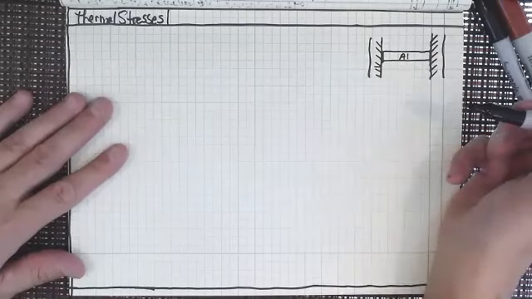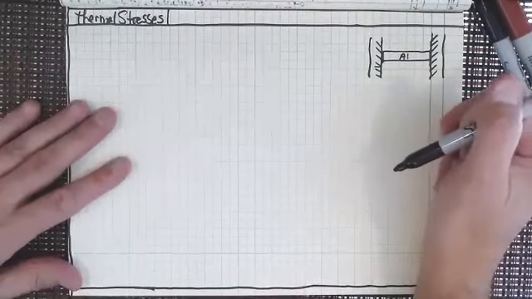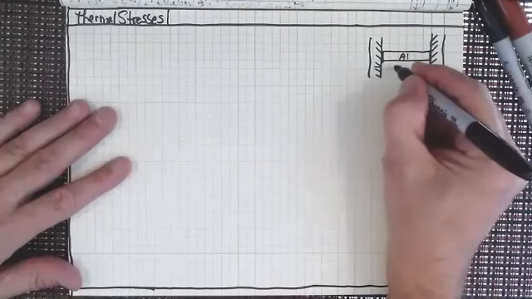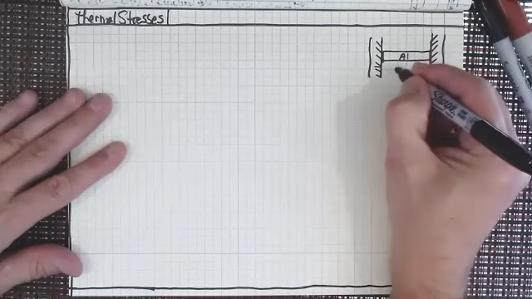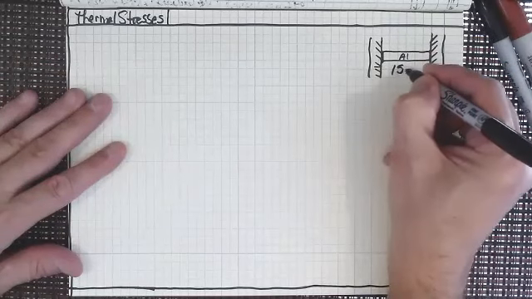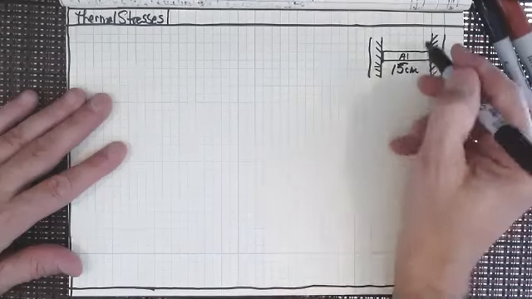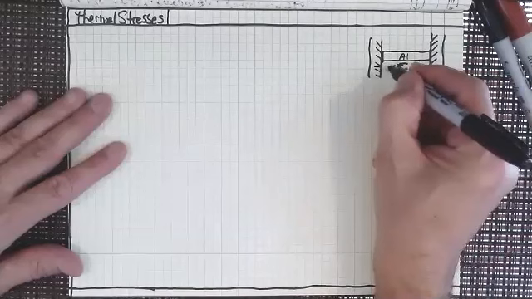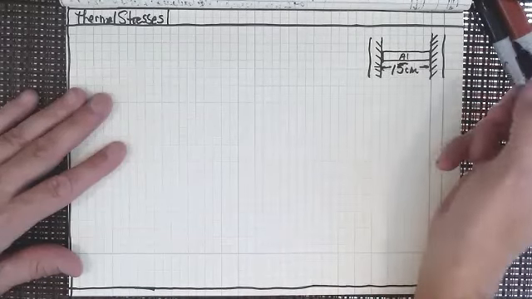And the distance between the bars, let's say 6 inches, or well, let's say 15 centimeters, which isn't quite 6 inches, but we'll say that the distance between those prison bars is 15 centimeters.